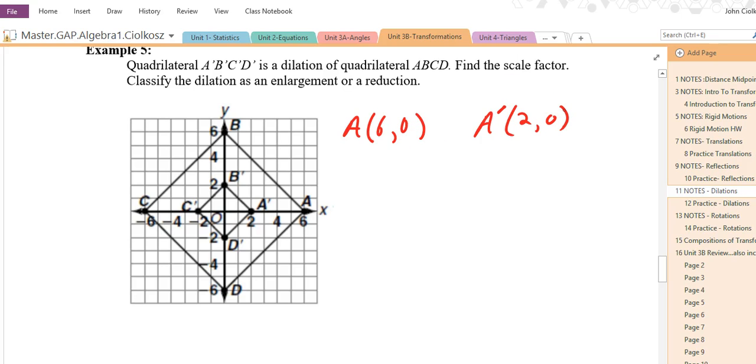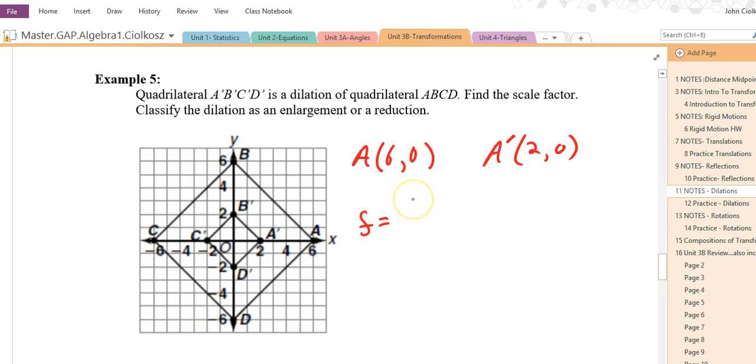But if I think about how my next one changed, so the formula here to find a scale factor, or F, we're going to take our pre-image, so that's just our A, and divide it by our image, A prime. So looking at those x's, that would be right here.